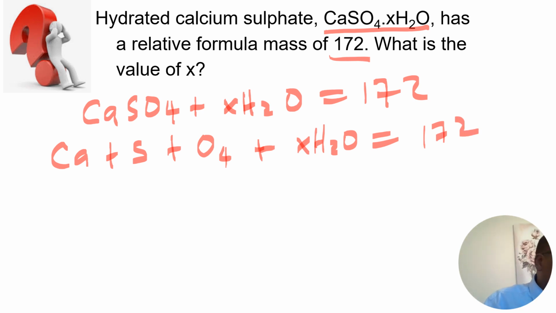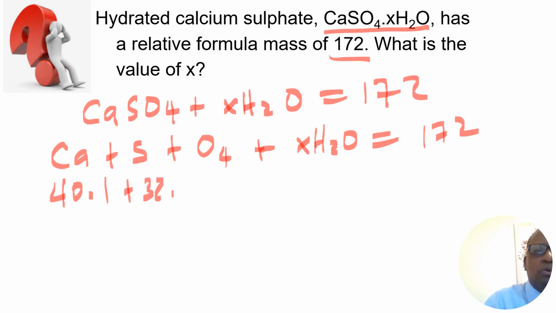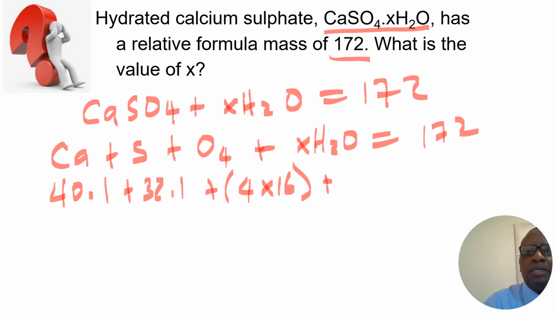Look at the periodic table. Calcium is 40.1 plus 32.1 plus 4 oxygens, which is 4 times 16, plus water is 18, so plus 18X, everything is equal to 172.